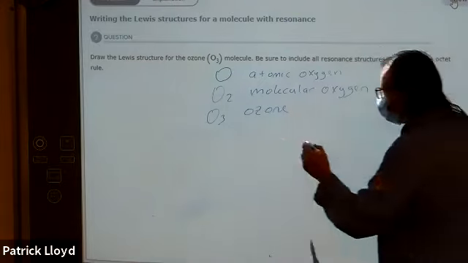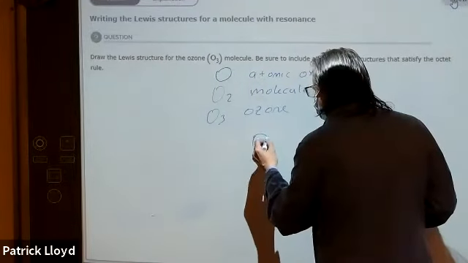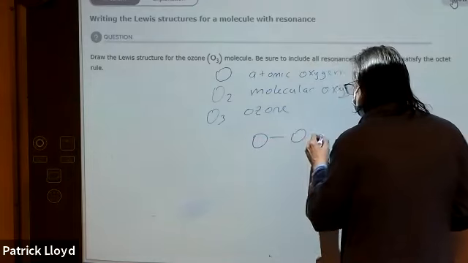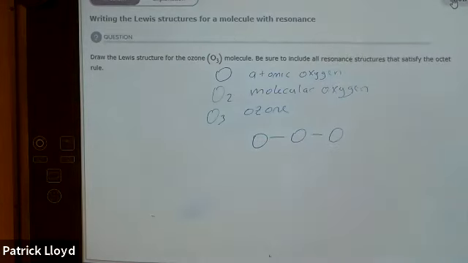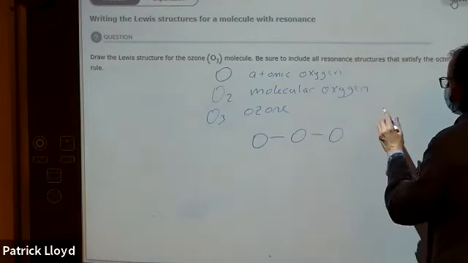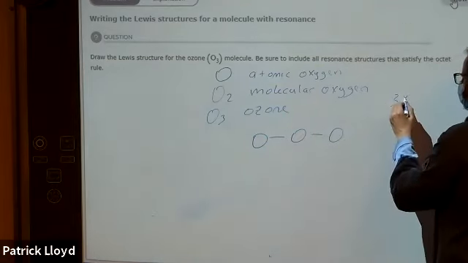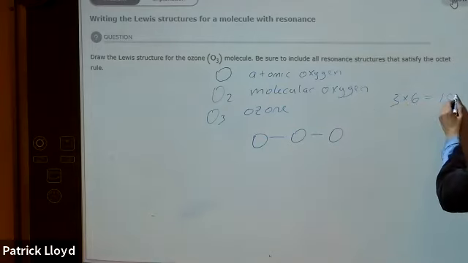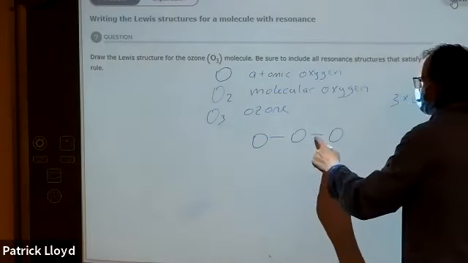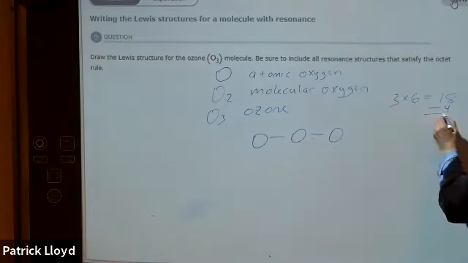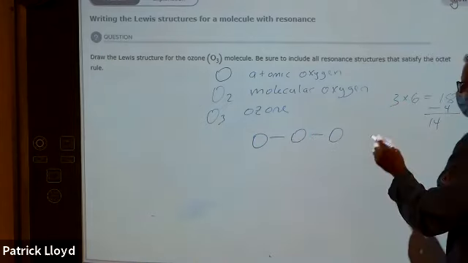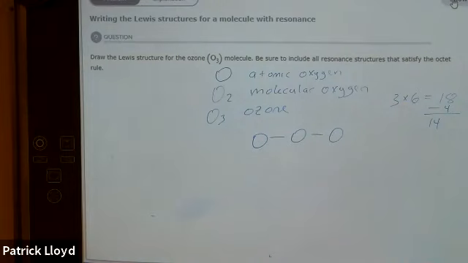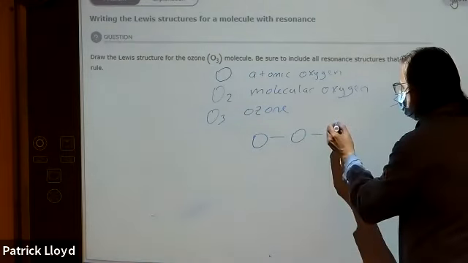So ozone, it turns out, just draw 3 oxygens in a row. Just like that. And then if you do your valence electron calculations, there are 3 oxygens, each one's in group 6A, so that's 6, so that's 18. Subtract 4, that gives you 14. And now here's an example where you can get the surrounding atoms up to 8.